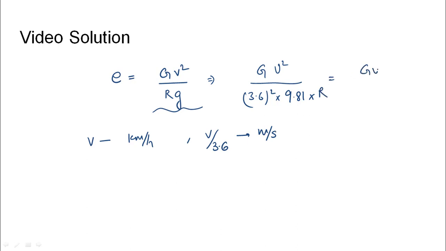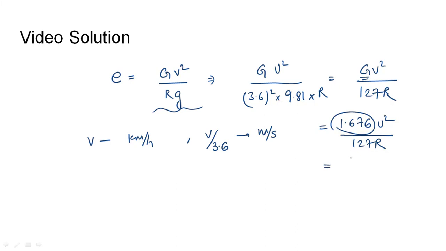So this results in the equation as gv square divided by 127 r. Substituting the value of G as 1.676 v square divided by 127 r. So 1.676 is the gauge length for a broad gauge track.